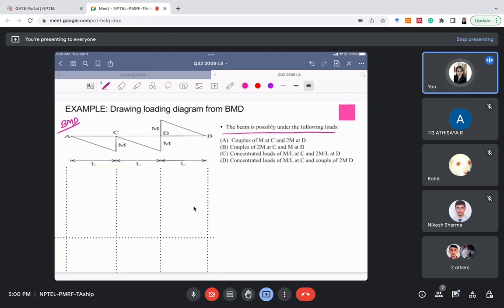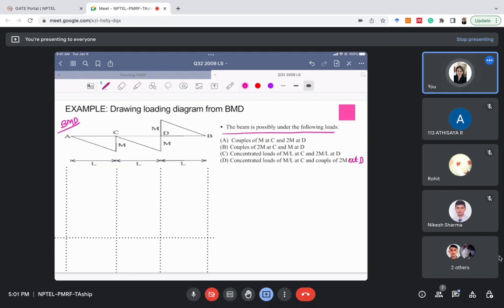So do you want to guess? It's a very easy problem. You don't need to solve anything. Just by the concept I've discussed so far, what should be the correct answer? D. And please, others also try to answer. What should be the answer according to you?